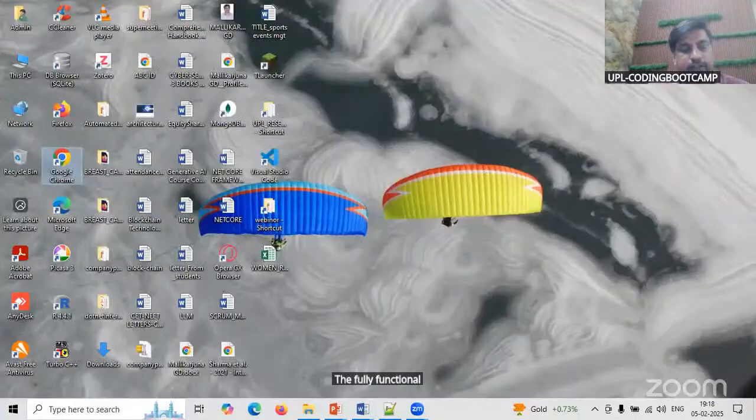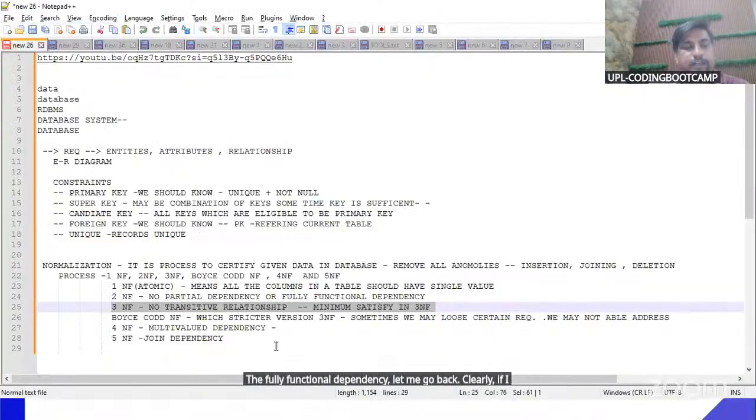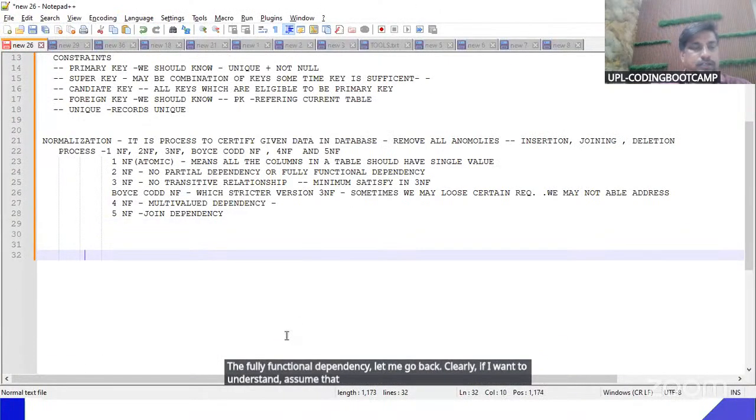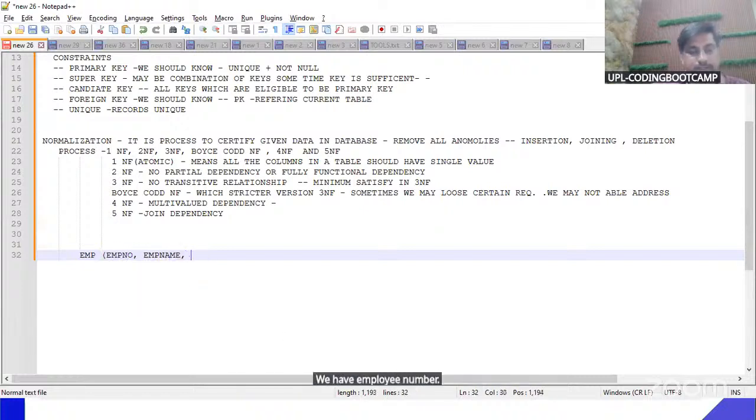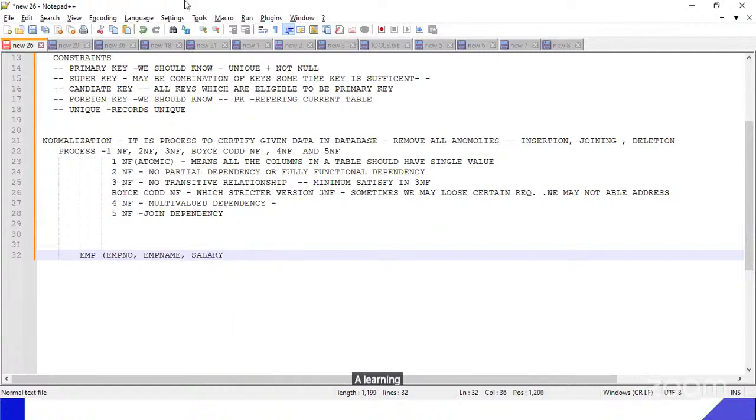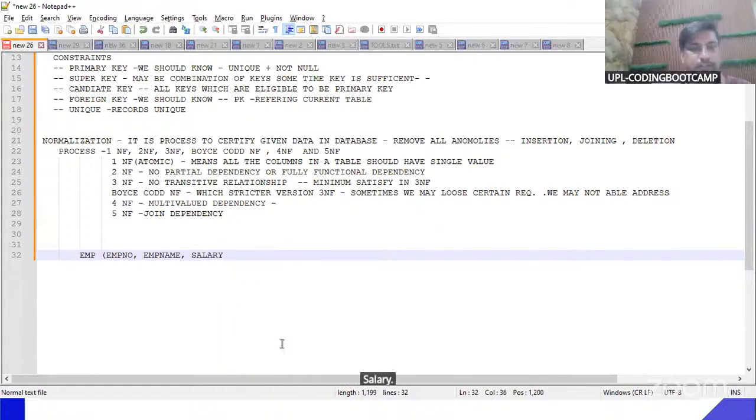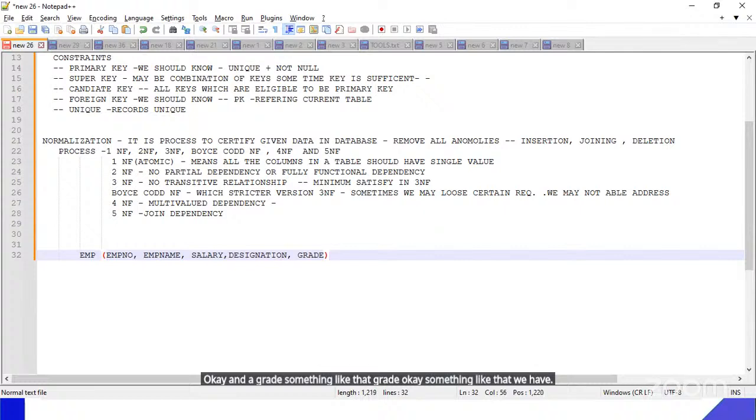Let me go back. Clearly, if I want to understand, assume that there is an employee table. We have employee number, employee name, salary, then designation, and a grade, something like that.